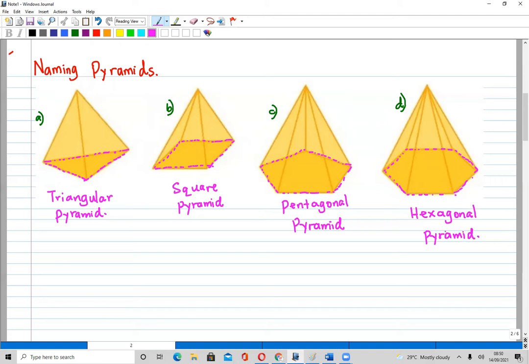Okay, now this will guide you to name other pyramids, because we don't only have these 4 pyramids, there are many other examples. But to name a pyramid, first get to know what the base of this pyramid is, then you will be able to name it.